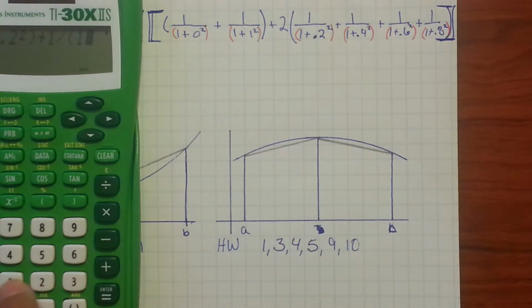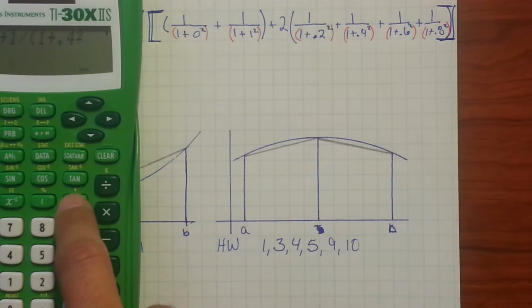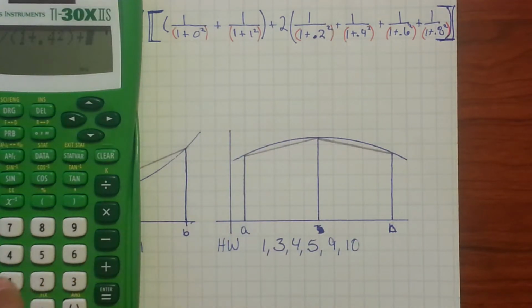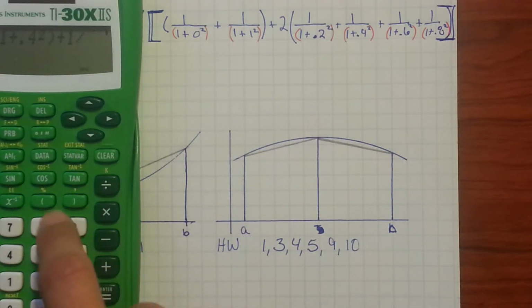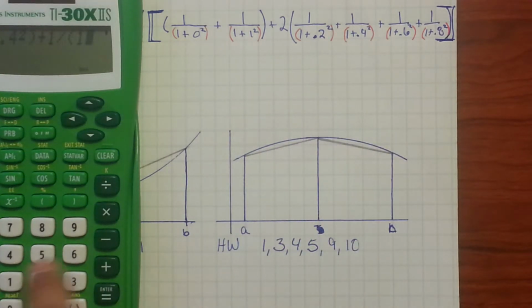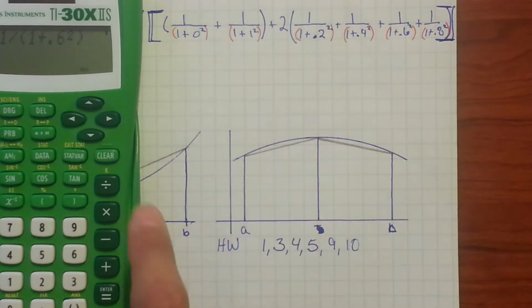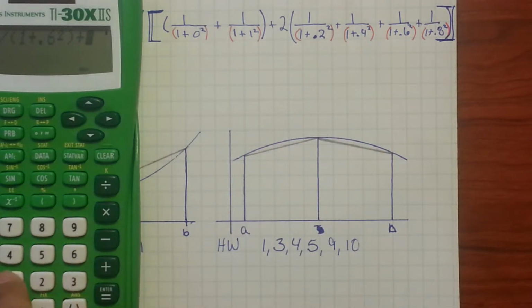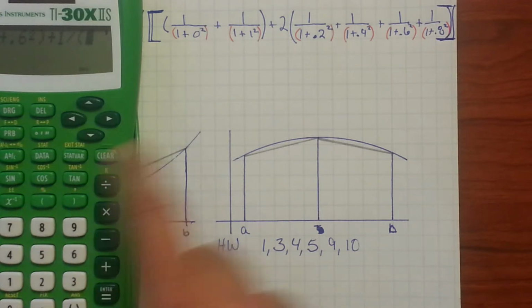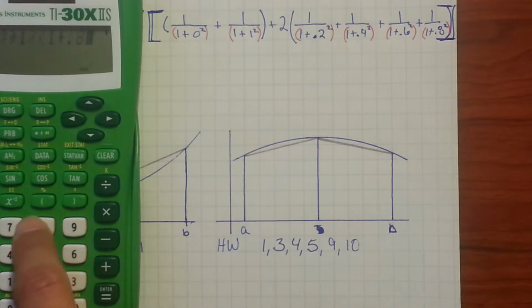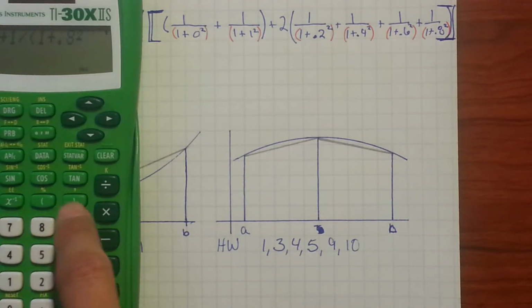I'm going to have 1 plus 0.4 squared, closed, took care of that, plus 1 divided by open, 1 plus 0.6 squared, close, plus 1 divided by open, 1 plus 0.8 squared, close.